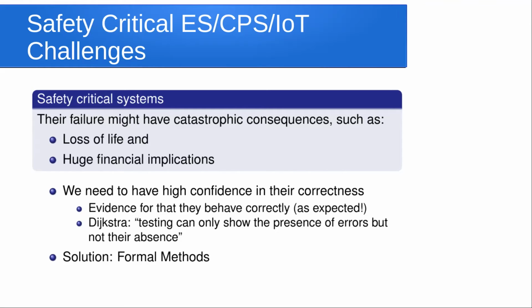As a consequence of the failure of such an alarm system, people were sleeping in their homes and succumbed to death because of the poisonous gas filling their lungs. So safety critical systems, if they fail to behave in a timely fashion, have catastrophic consequences.